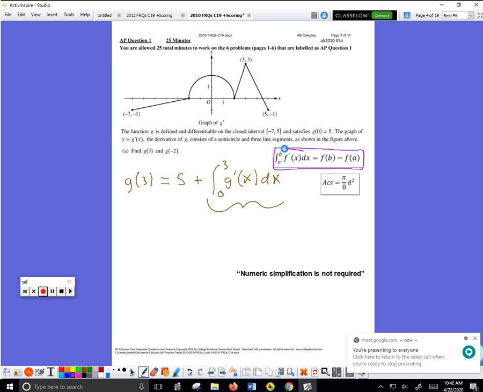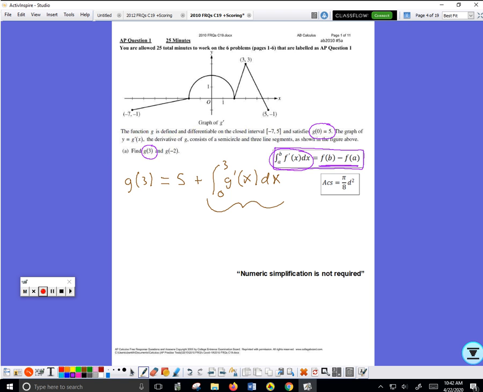If I integrate a rate, I find how the amount is different or changes over some time period. And what we're saying in this problem is we know the value of g at time 0. We want the value of g at time 3. Well, the integral will tell us.